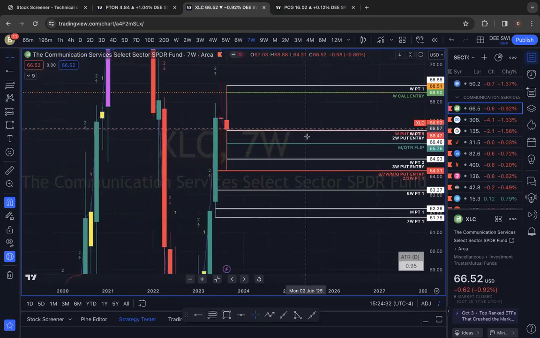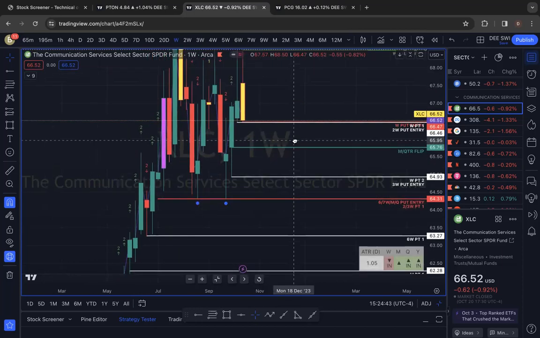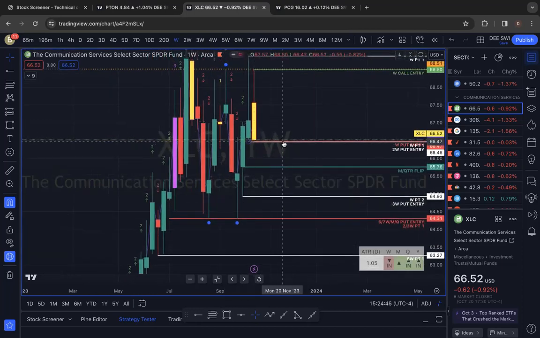Okay, so now what we've done, I'm going to recap that. We started with our weekly actionable signal for a 2-1-2 to the downside. That price target triggers the 2-week put entry with a price target down here.